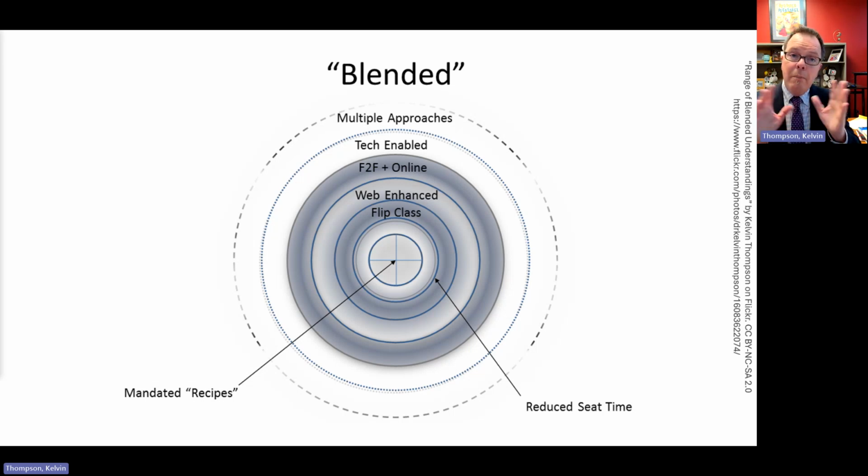And the remainder of the time, the instructional activity that would have gone into those in-person class meetings is instead made up of intentionally designed online learning experiences of varying sorts.